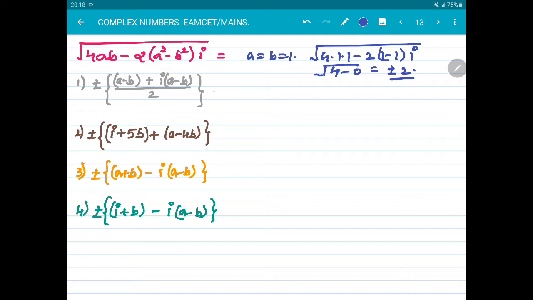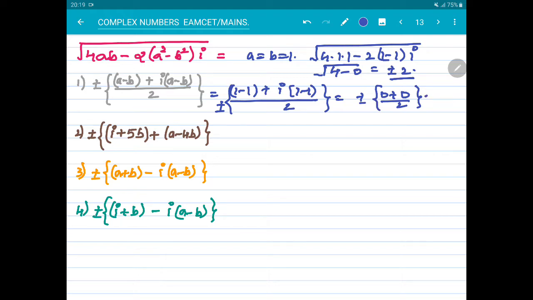In the first option, here itself 1 minus 1 plus i times 1 minus 1, divided by 2. That is equal to plus or minus of 0 plus 0, divided by 2. The answer is 0. Fail.